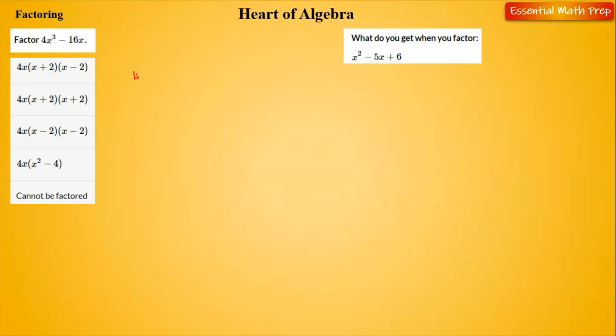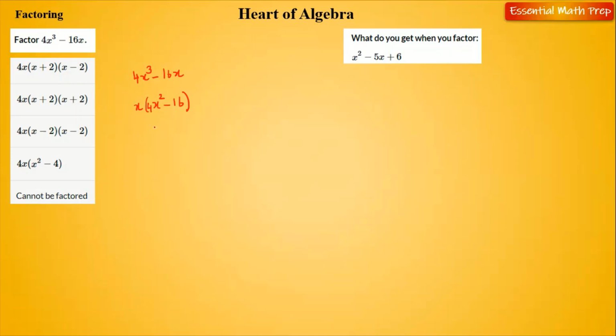So 4x cubed minus 16x, right? If you first take the x out of the picture, that gives you this format, 4x squared minus 16, right?